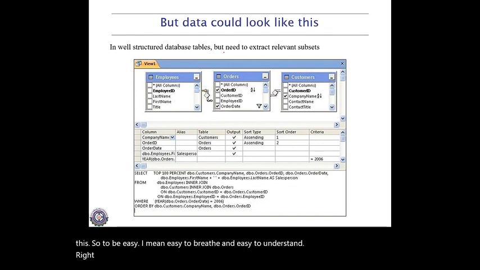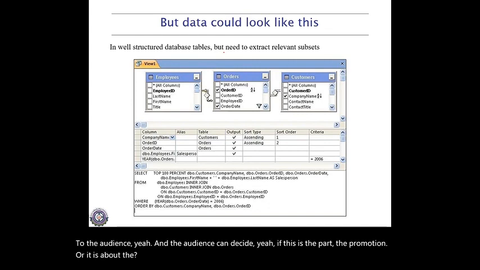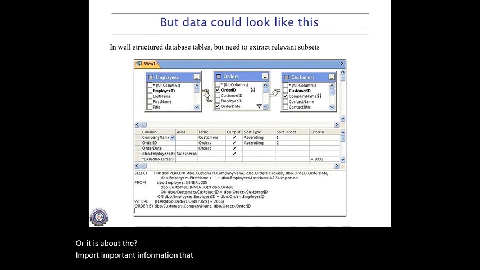Because we provide the data to give useful information to the audience, and the audience can decide if this is about a promotion or important information, then they can decide whether they should follow, or buy, or invest and so on, or not. So that's why the data could look like this, in this figure.